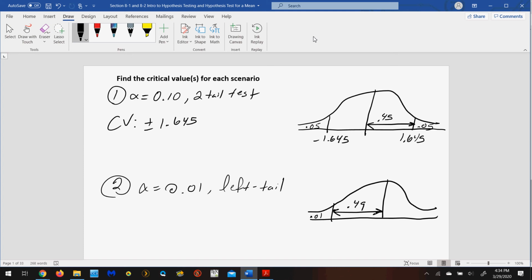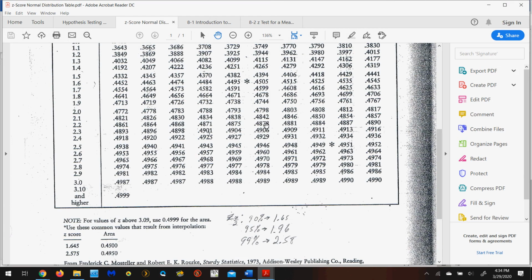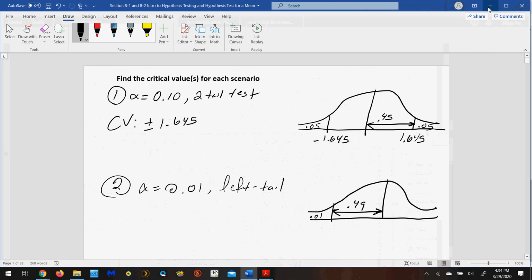Now you have to look up 0.49 inside of the table and find what number's closest. Inside of the table for 0.49, it's right here: 0.4901, which corresponds to a z-score of 2.33. Now this would be negative because it's to the left of 0. So here I only have one critical value, which would be negative 2.33.